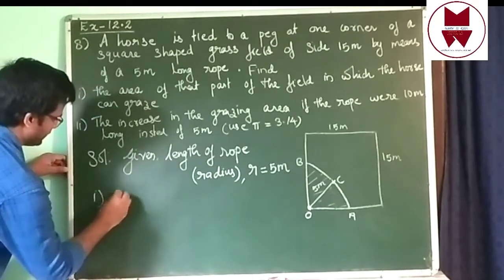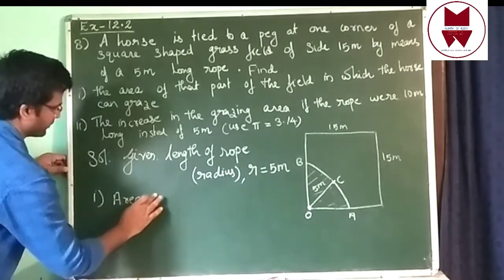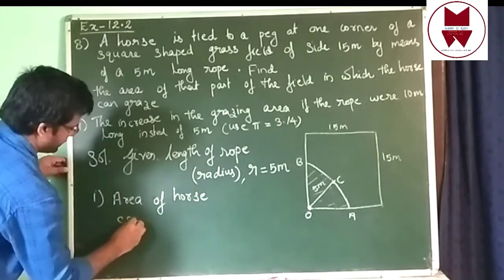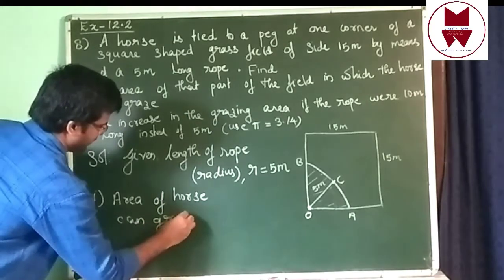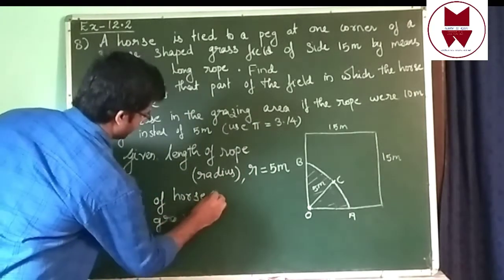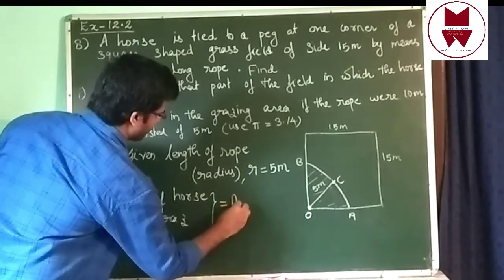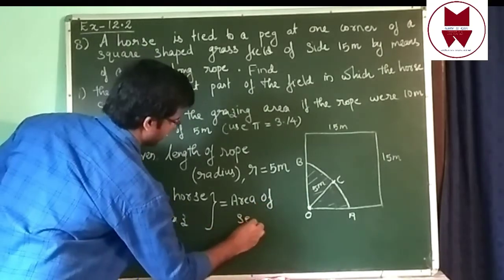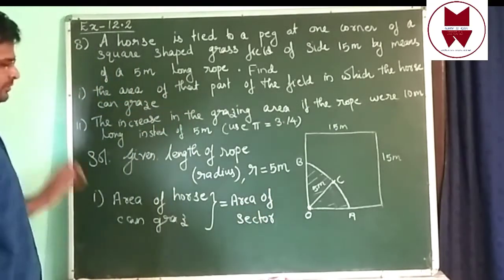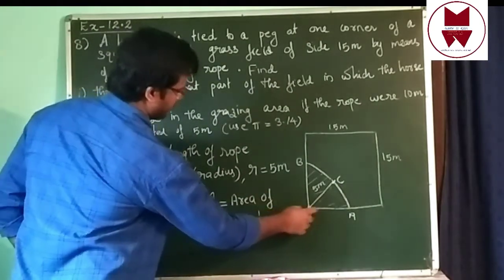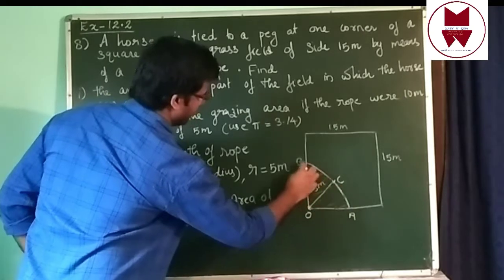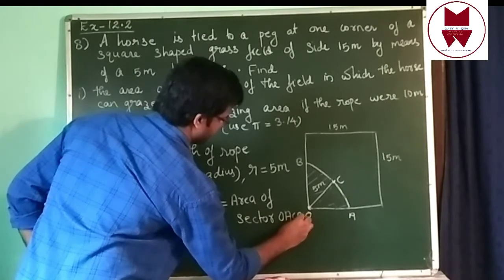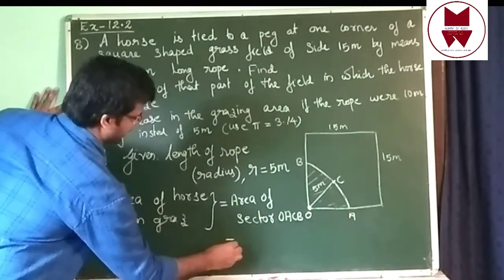We can write: area the horse can graze equals the area of sector OACB.